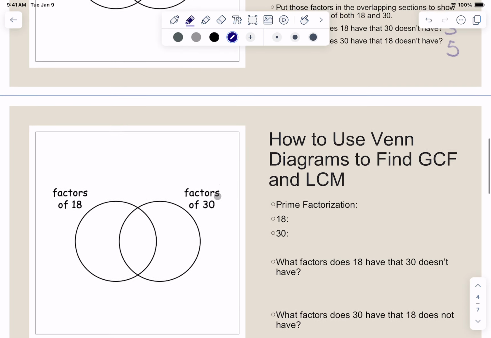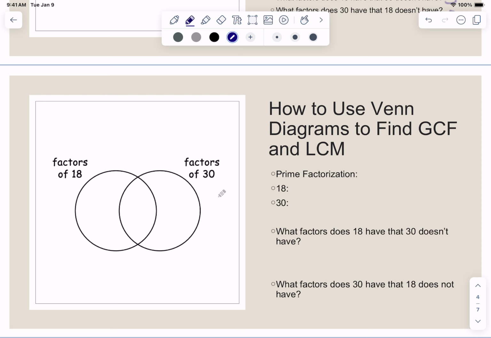Okay, so now that we have our prime factorization, where this is 3 times 3 times 2, and this is 5 times 3 times 2. And we decided that 18 has a 3 that 30 doesn't, and that 30 has a 5 that 18 doesn't. And we'd already done this earlier where we said that this overlapping space in the middle was a 3 and a 2.